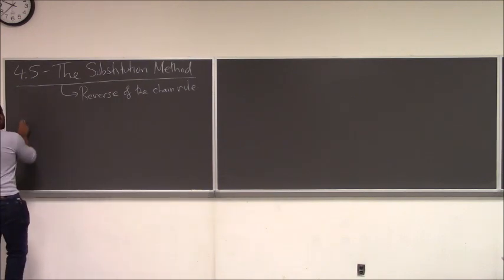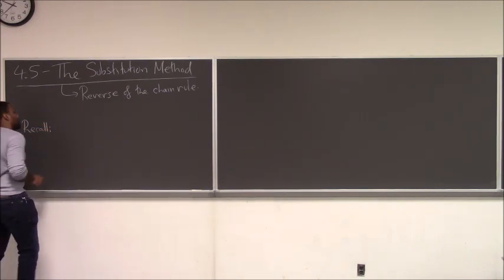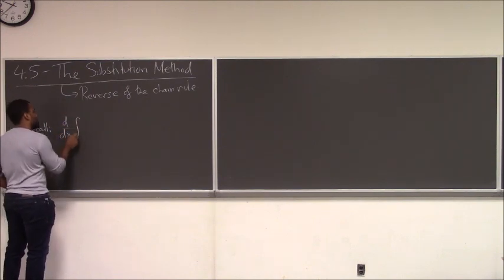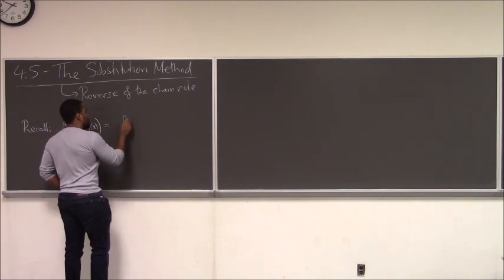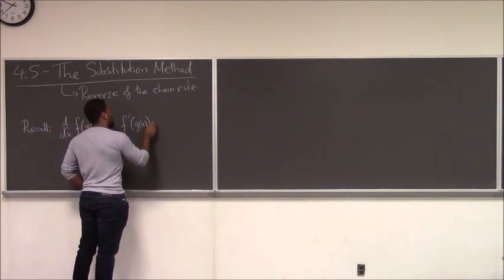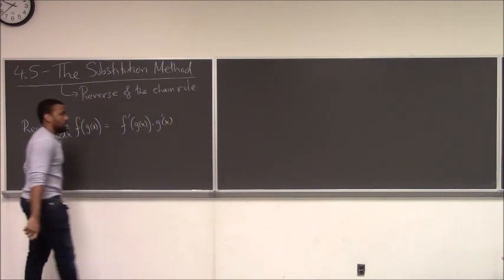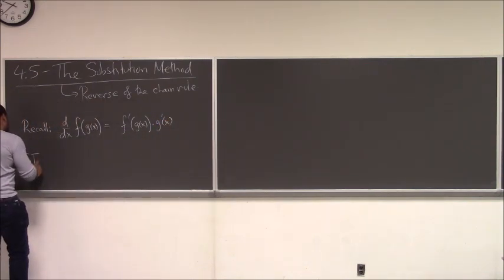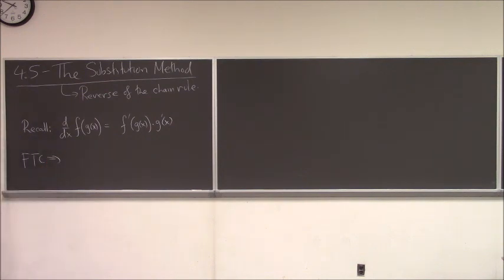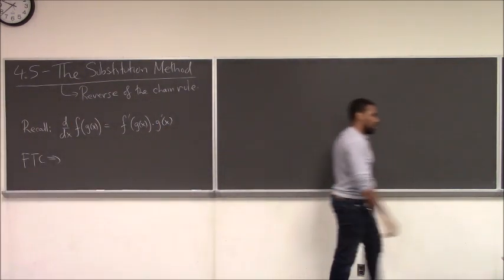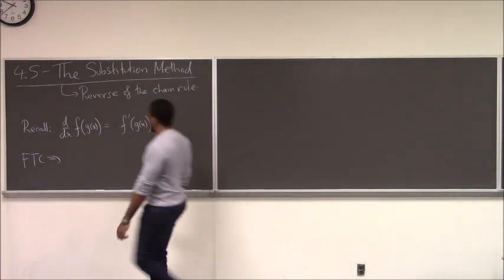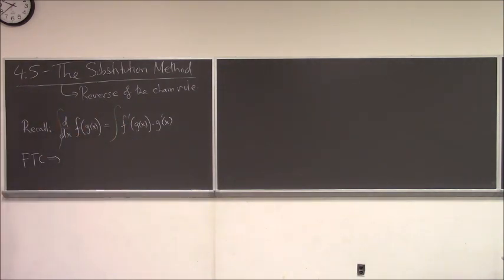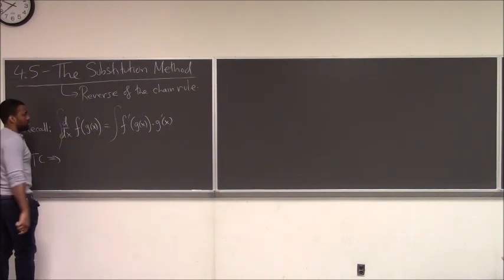So, of course, you recall the chain rule. The derivative of something that looks like this is going to be that guy. And so now, the fundamental theorem of calculus would imply that I can throw in an integral on both sides, and things will kind of be reversed. So the integral and the derivatives are going to cancel out.